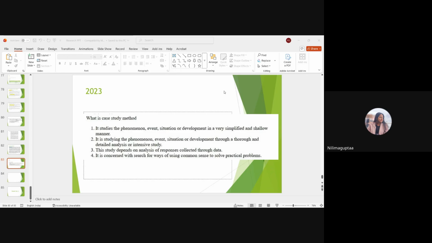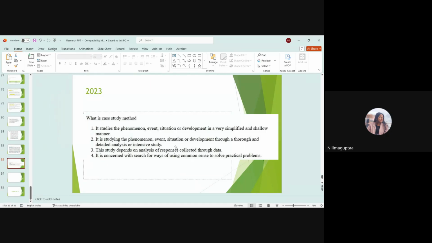Perfect. When I use the method of elimination, option 3 and 4 are already out. It's only between option 1 and 2 that we will have to focus. And yes, the correct answer is option number 2. So it's studying the phenomenon, event, situation, and development through a thorough and detailed analysis and intensive study.